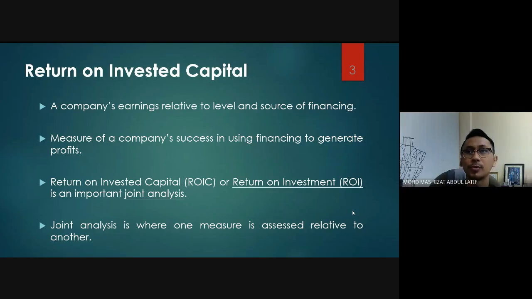Okay, so I think you are already aware that we have two types of investment. We have debt instrument and then equity instrument. Right, so these are the capital that you have invested in your organization. So we want to know whether the management team is able to use the sources of capital wisely and efficiently or not, in order to generate income for the organization.